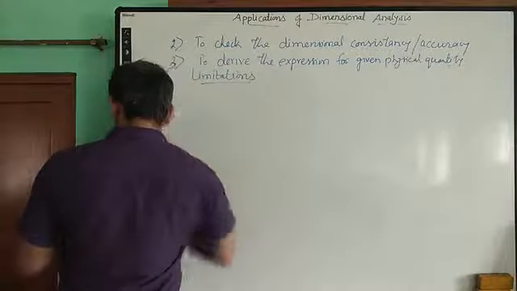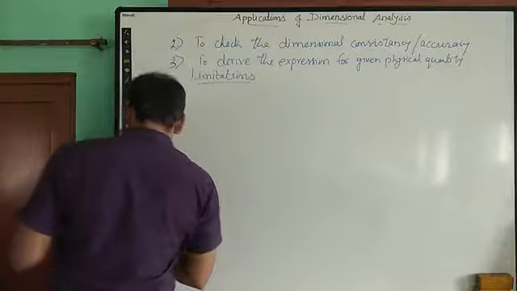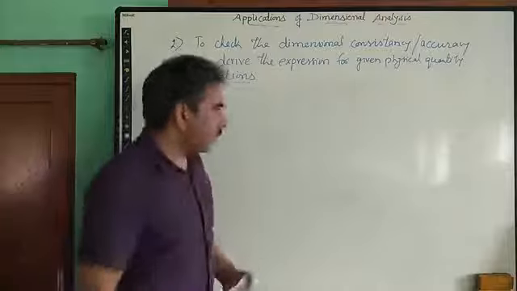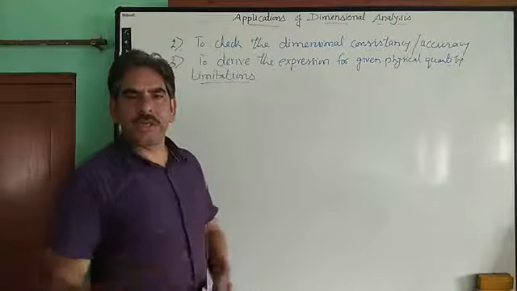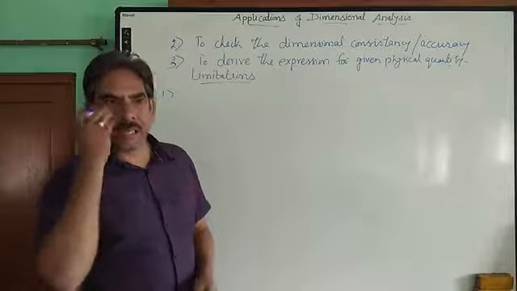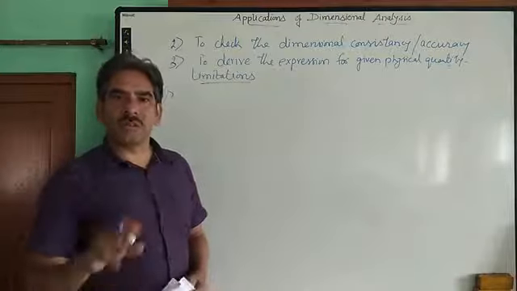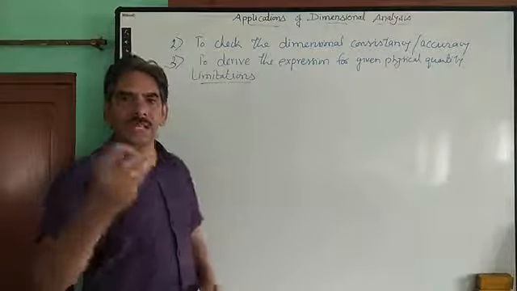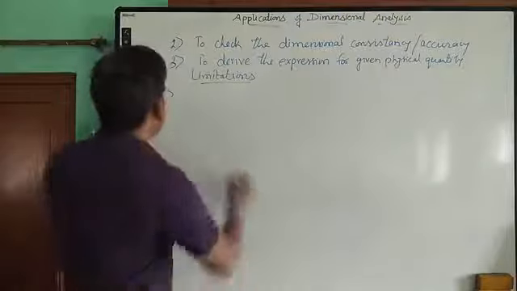So very first limitation is that in a given expression for a physical quantity, if there is any dimensionless constant, a constant which does not have any kind of dimensions, the value of that dimensionless constant cannot be determined.